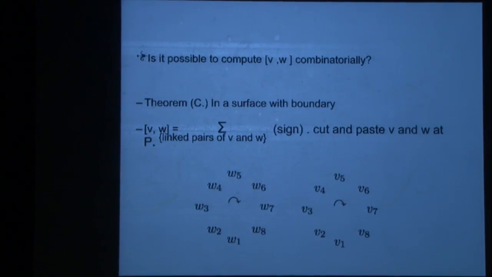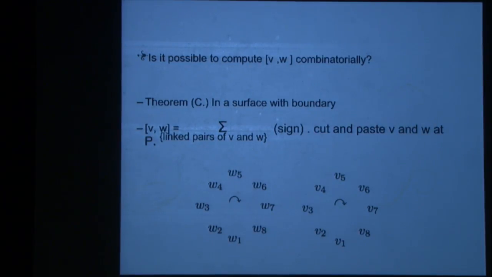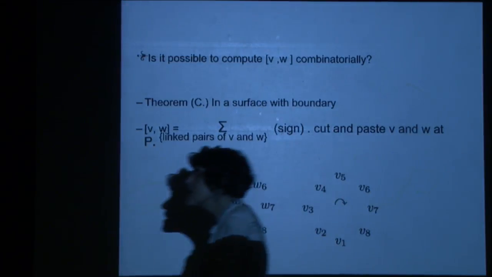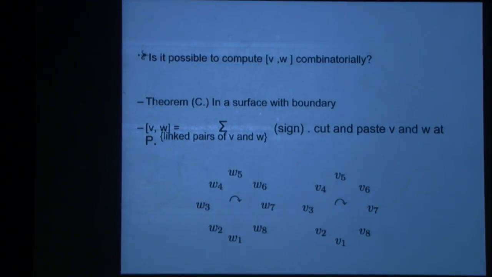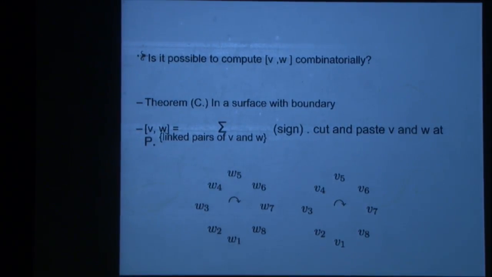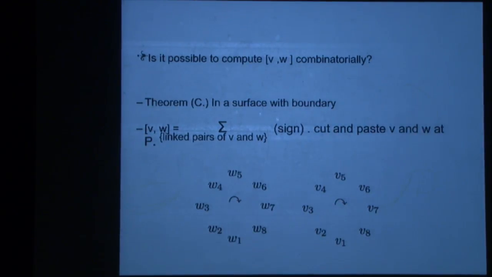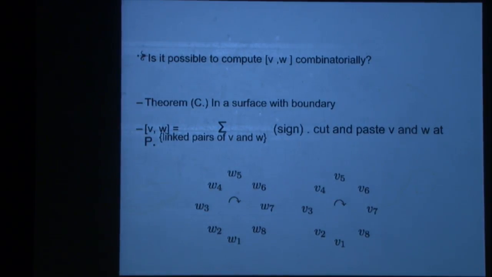There's a nice way to have a presentation. If you give me 2 words, I have a program in my computer, I can show you, that can compute the terms of the bracket, just spit them out. And what is the idea? I have these 2 words and I want to compute the bracket. Remember that the intersections, well, we saw it with self-intersections, but it's the same with intersection.